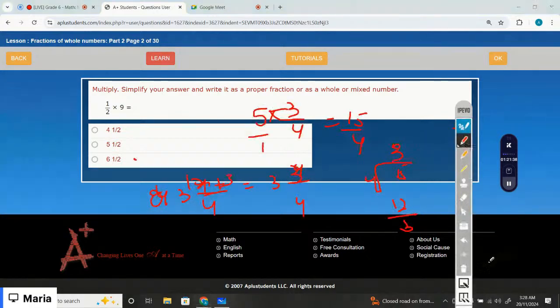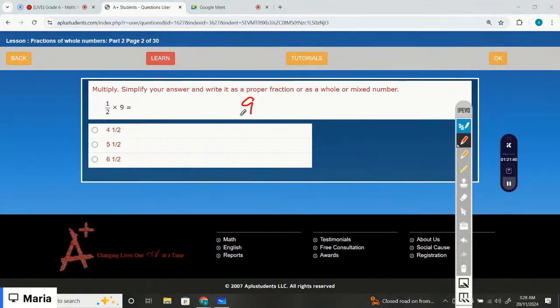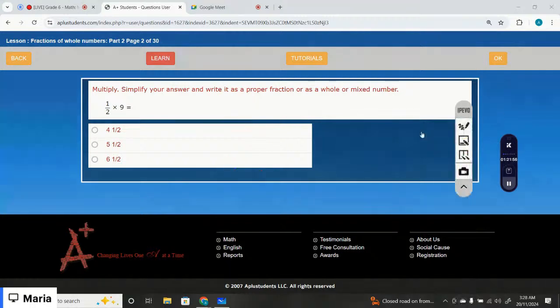So 9 times 1 is 9 and 2 times 1 is 2. That is 9 by 2. So simply divide, count the table of 2 until 9. 2 times 4 is 8. You have 1 here. That is 4 whole 1 over 2. The correct option is option number 1. That is 4 whole 1 over 2.